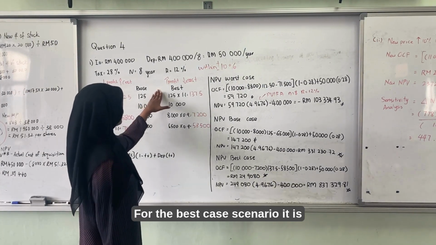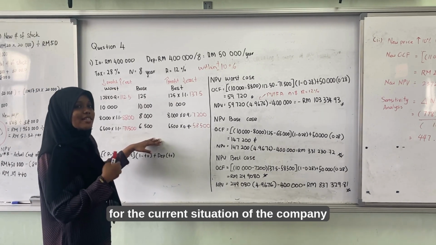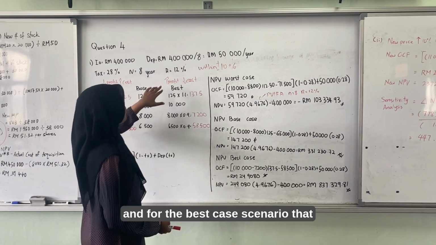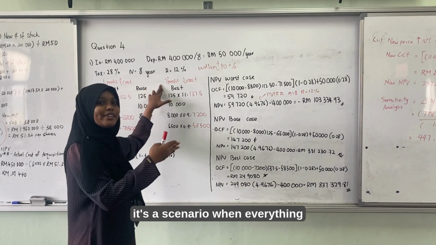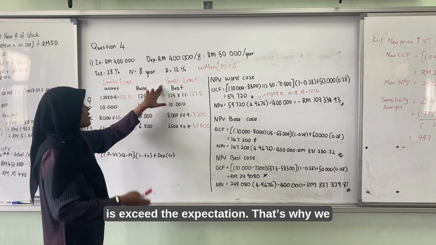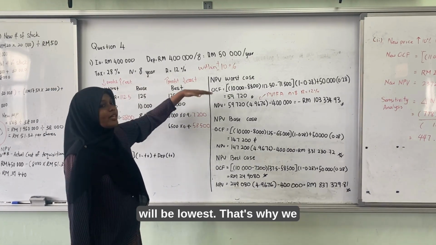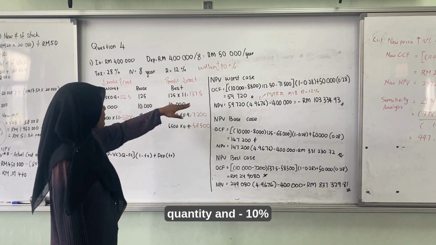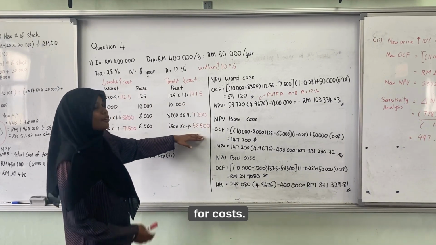The current case is the scenario for the current situation of the company, and the best case scenario is the scenario when everything exceeds the expectation. That's why we estimate the profit will be highest and the cost will be lowest. And that's why we plus 10% here for the quantity and minus 10% here for the cost.